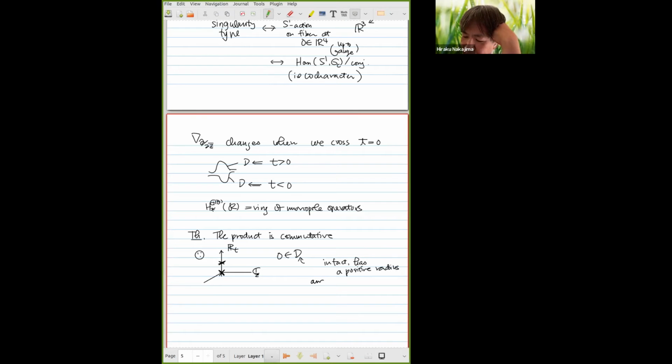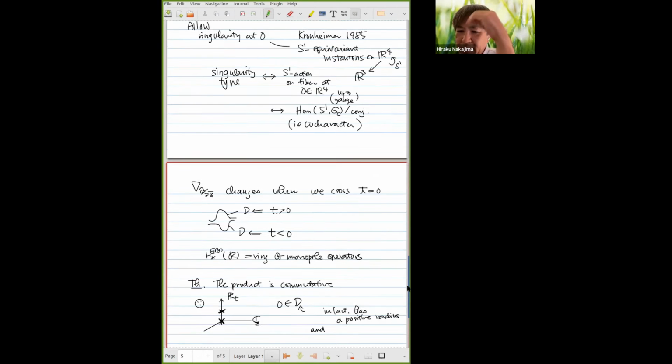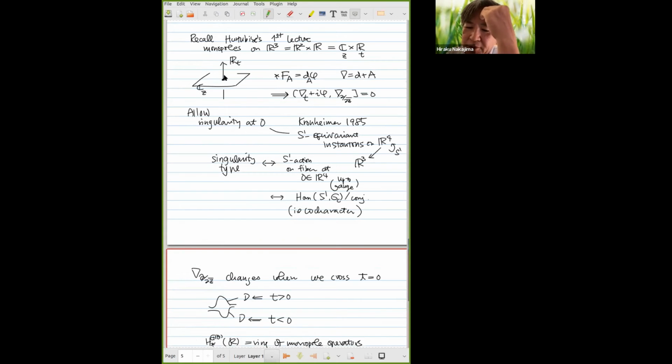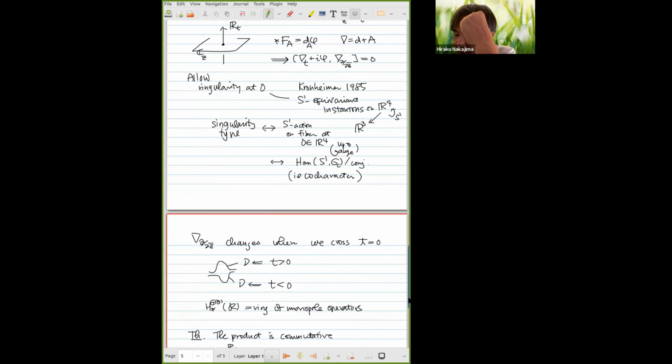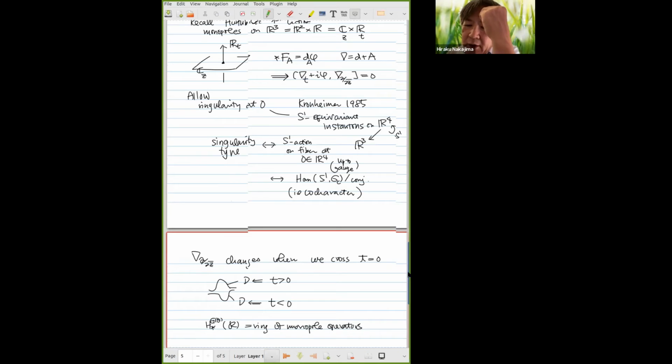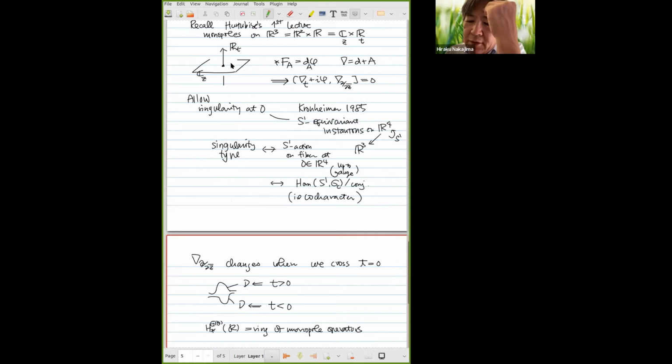So you don't need to assume the disk has radius 0, and you can even take the actual disk or the whole complex line.